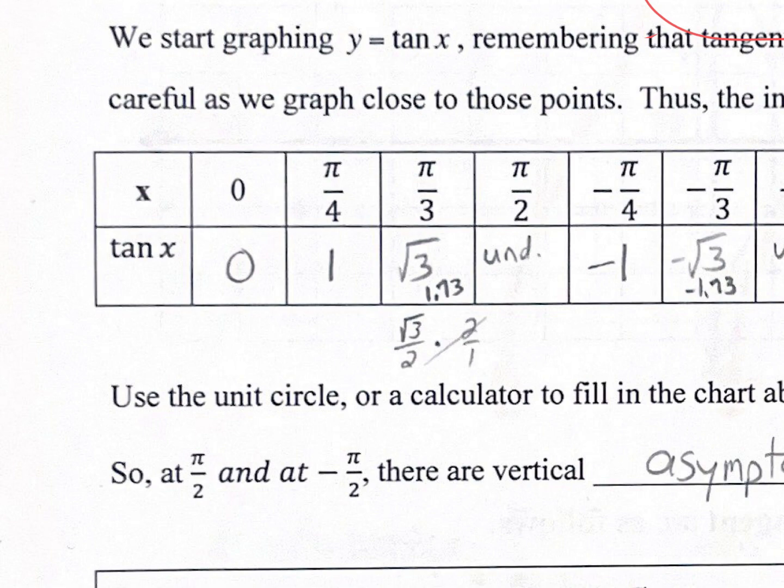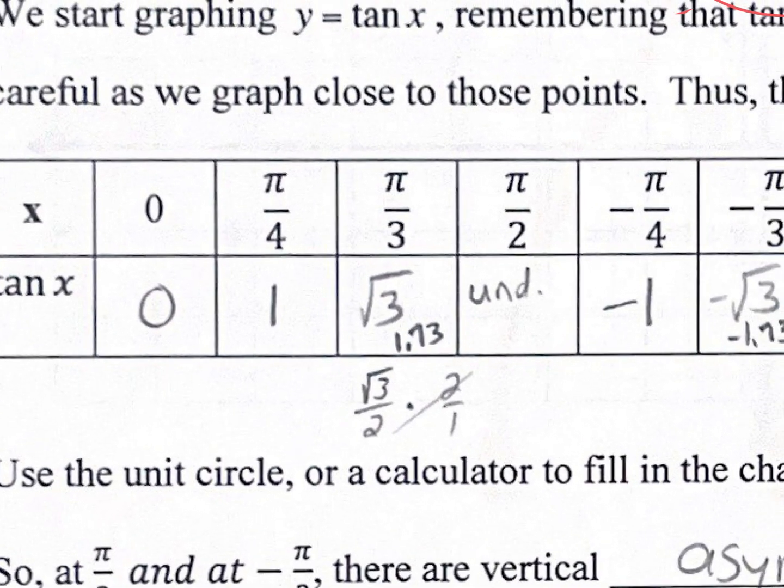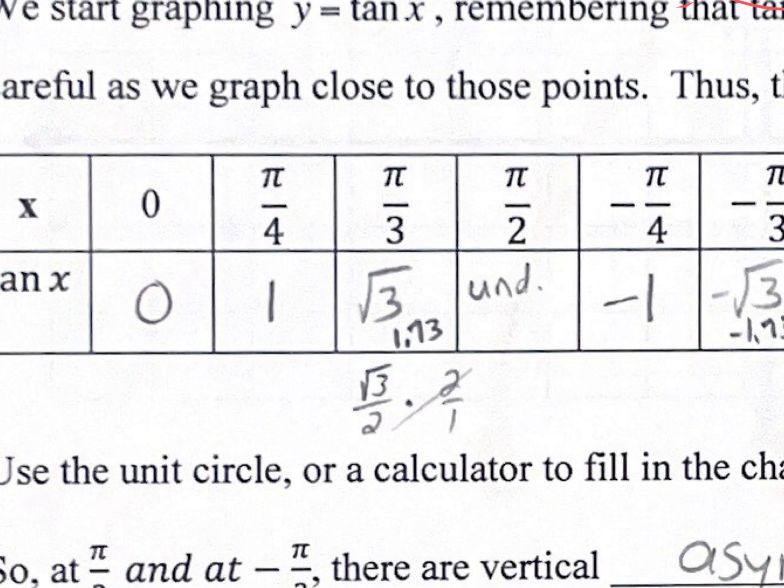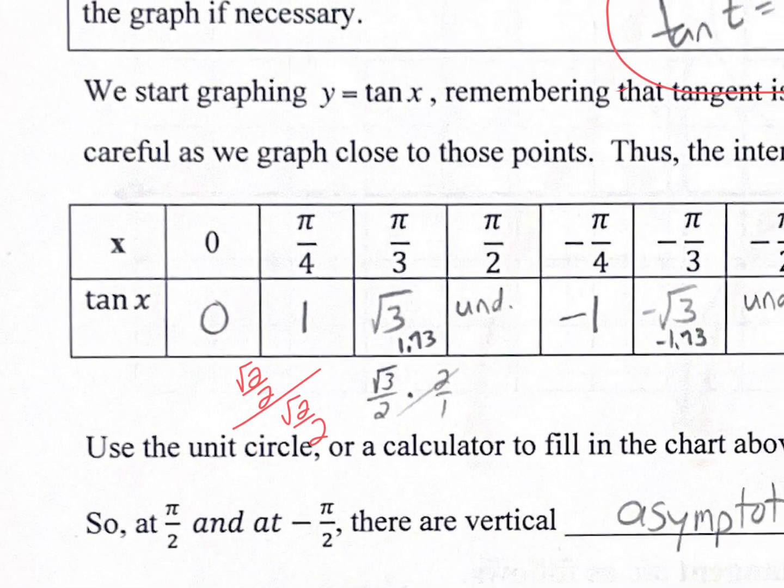The tangent of pi over 4 is 1, because at pi over 4 on the unit circle, it's square root 2 over 2 over square root 2 over 2. We talked in class about that. Since it's the same thing in the numerator and denominator, it's 1. The tangent of pi over 3 is square root 3 over 2 all over 1/2, which ends up being square root of 3, which is 1.73. At pi over 2, it's undefined.